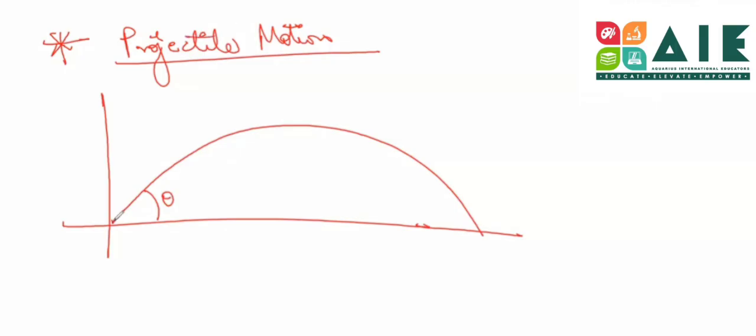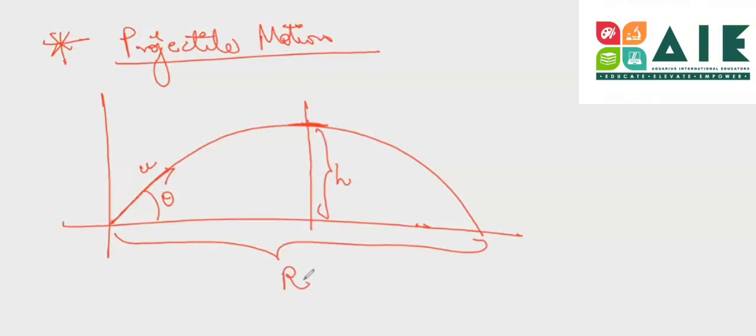Now pay attention. Suppose this is the initial velocity u with which the object is traveling. It reaches the highest height point, let's say h, and the horizontal range it covers, let's say r. So my u will get split into two components: vertical and horizontal.